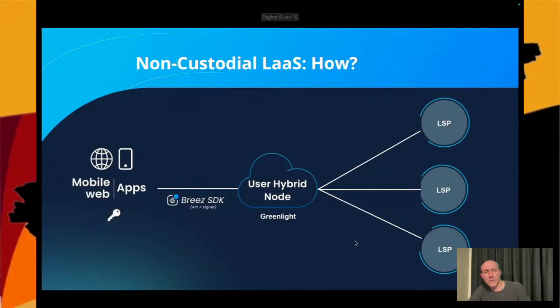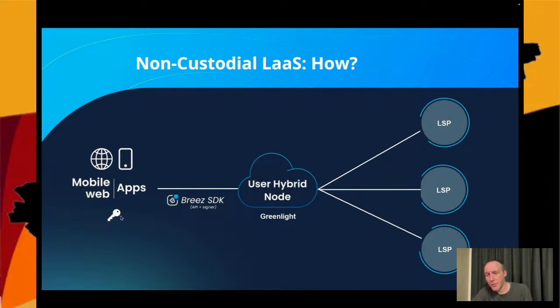So this is a picture of how the architecture of a user using an app that's built on the Breez SDK works. So over here we've got your app. So you are going to create an app with the Breez SDK, and there will be multiple apps here, like multiple people will write different apps.